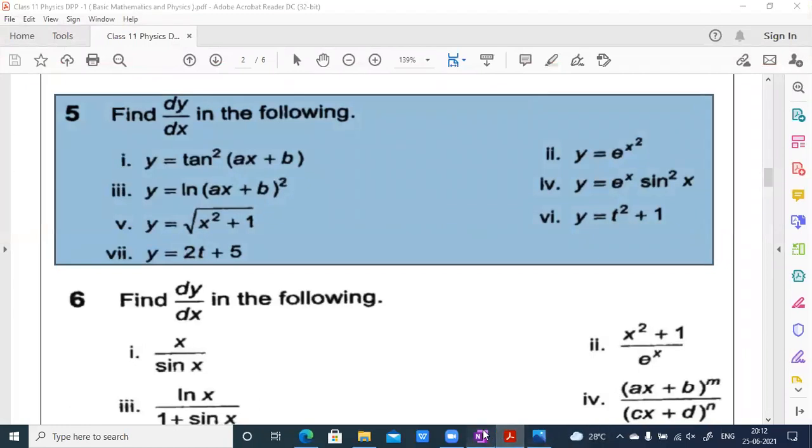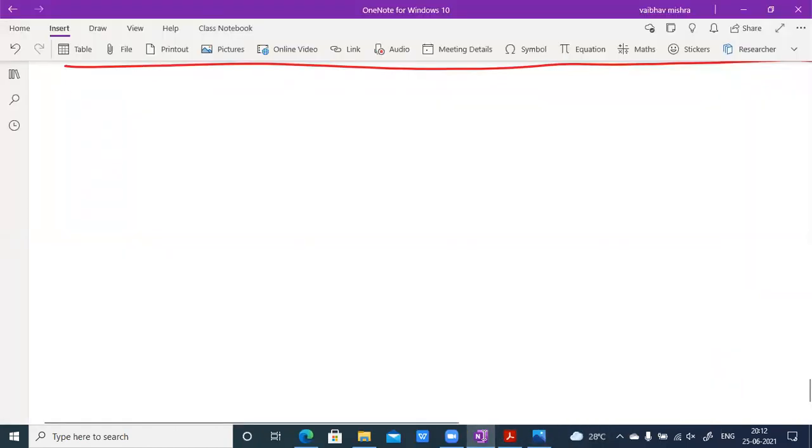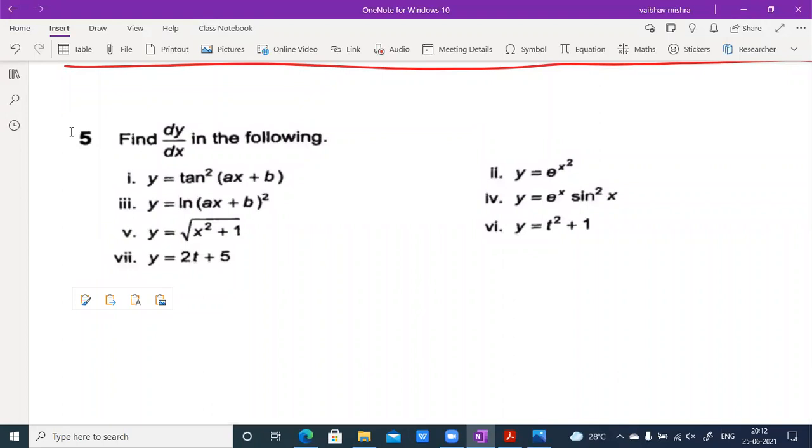You can see from your worksheet also. I have sent it to you. Yeah. So find this differentiation. I mean, a few of them are tricky. Rest are straightforward. We have done somewhat similar.